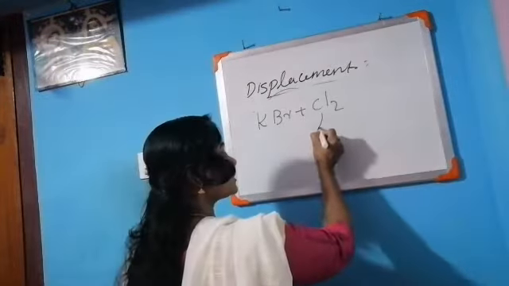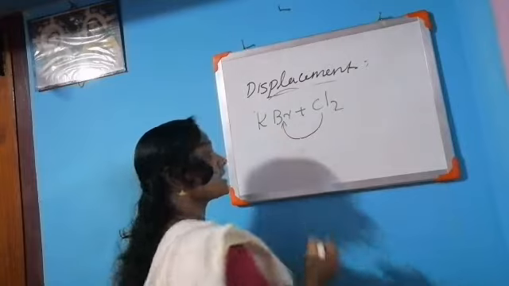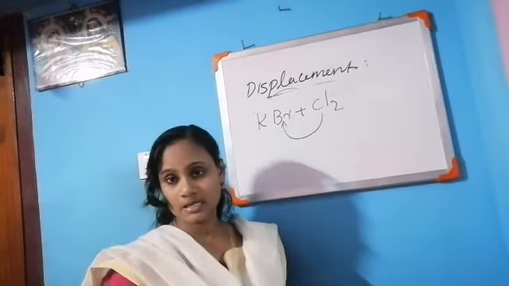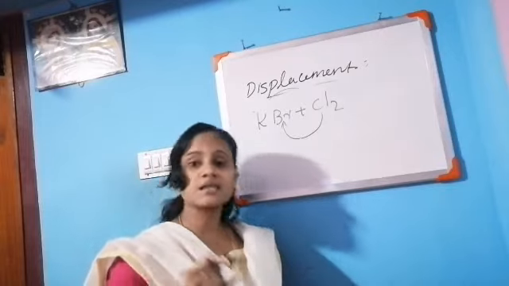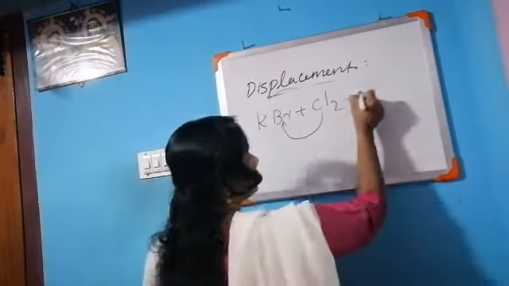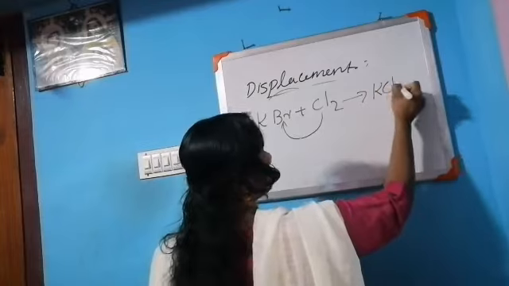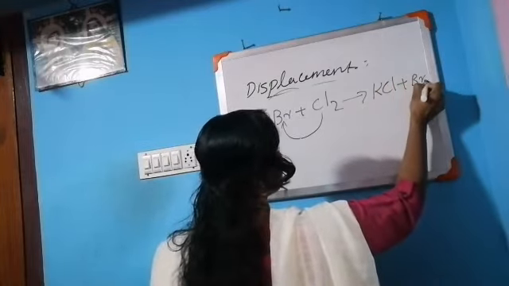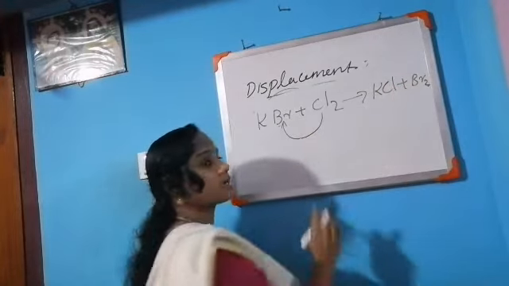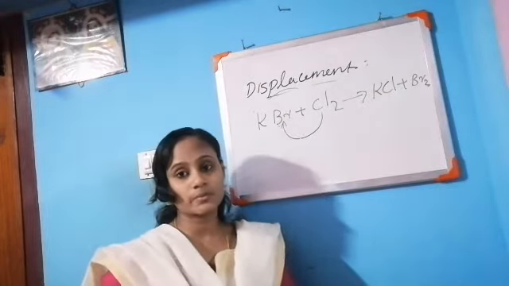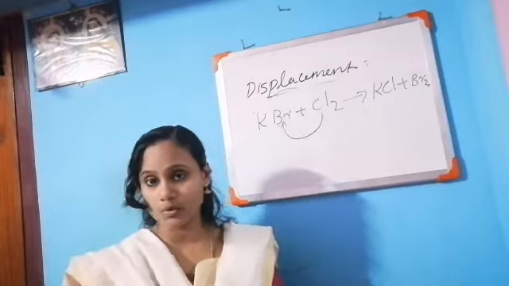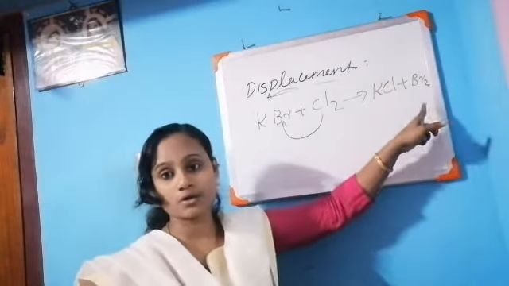This chlorine displaces the less reactive non-metal. The most reactive non-metal displaces the less reactive non-metal. Here, KCl and bromine are formed. Bromine and chlorine are the halogen family, the 17th group. Fluorine, chlorine, bromine are diatomic molecules, so we should write Br2.